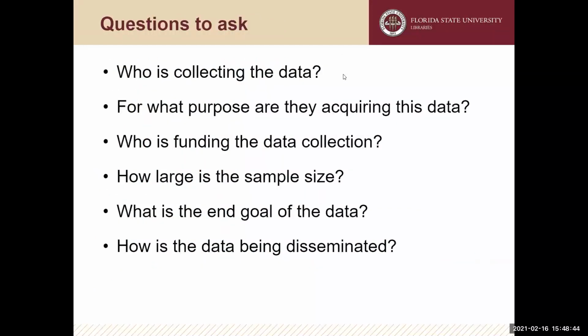All right, so just to wrap up, I like to summarize all this with some questions to ask. When you're working with any data set, it's important to think about certain things. Who is collecting the data?